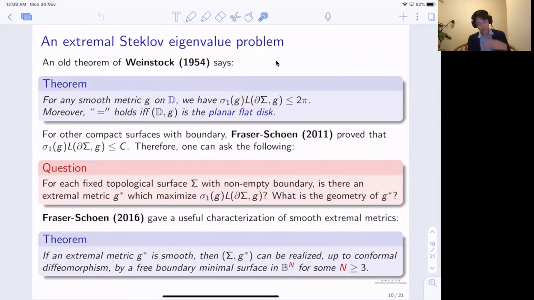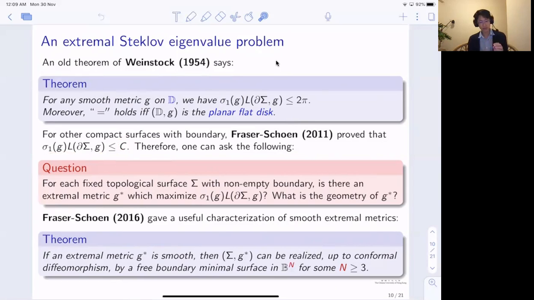Of course, other than the disk, one can ask about other topological types. Fraser and Schoen studied this problem in 2011 and proved a similar coarse upper bound to what Yang and Yau did. If you look at sigma 1 times the boundary length, this is always bounded by a constant C, which depends only on the topology but is independent of the metric.